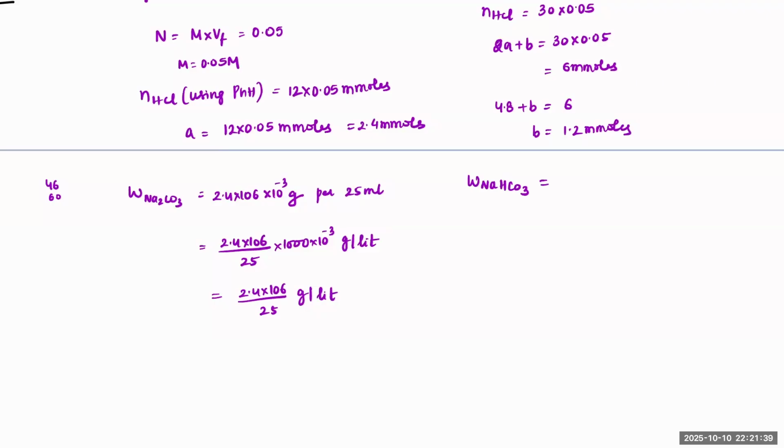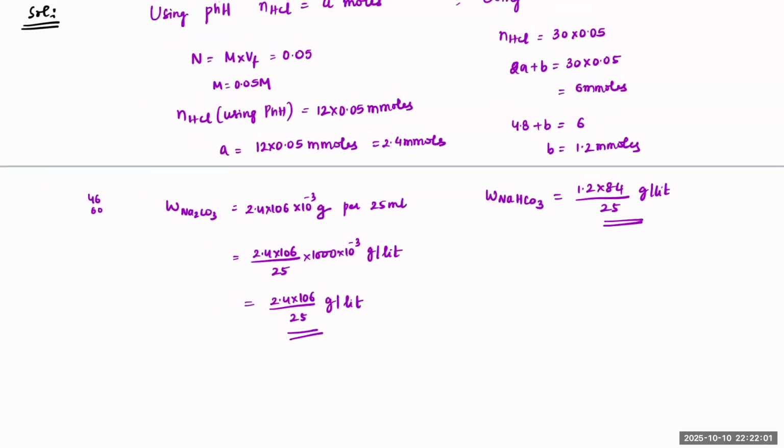The molar mass of NaHCO3 is 84. So therefore 1.2 into 84 divided by 25 gram per liter. Clear? Everyone understood this point?